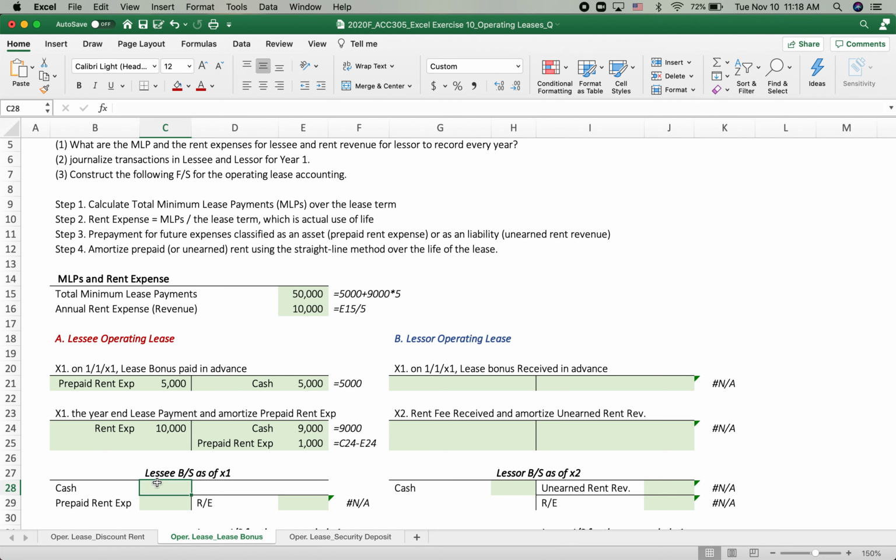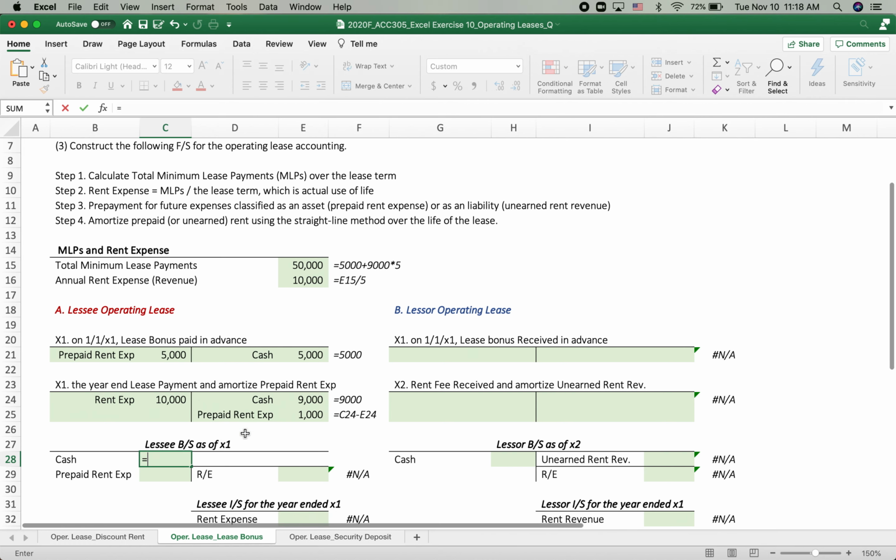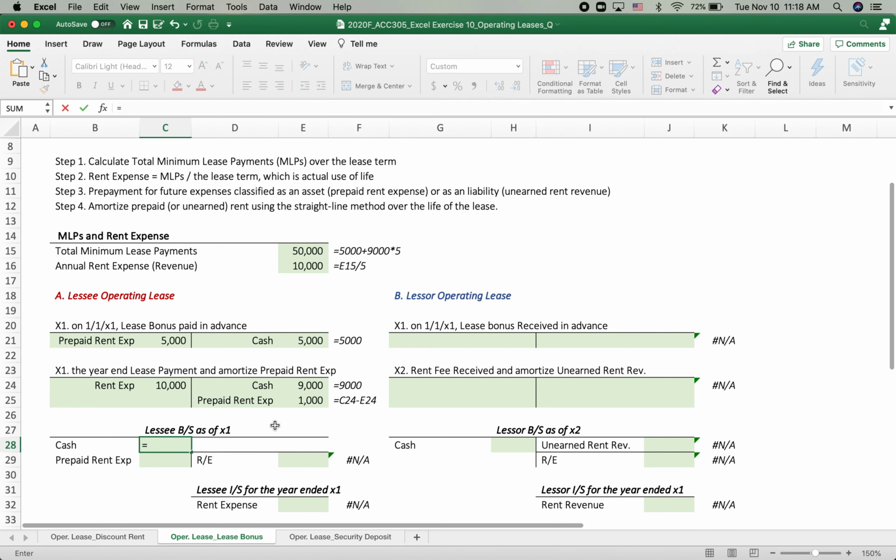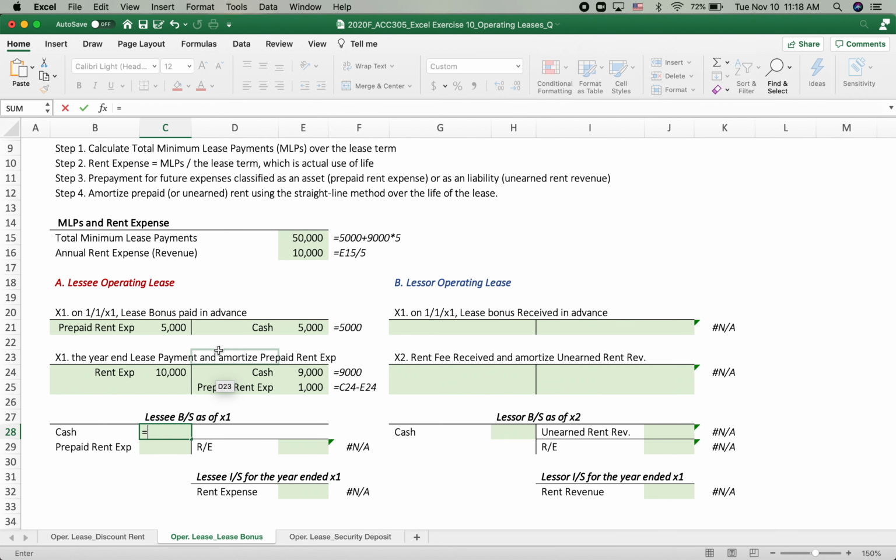And then let's post this journal entry into the balance sheet. So cash minus 5,000 and minus 9,000.